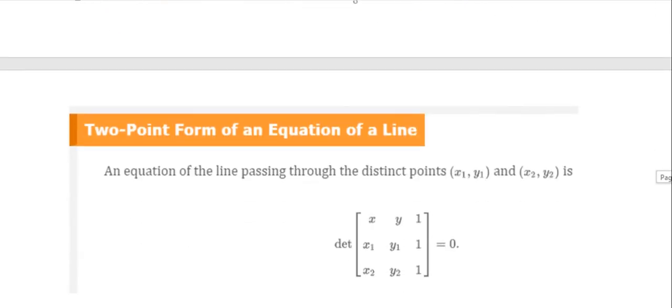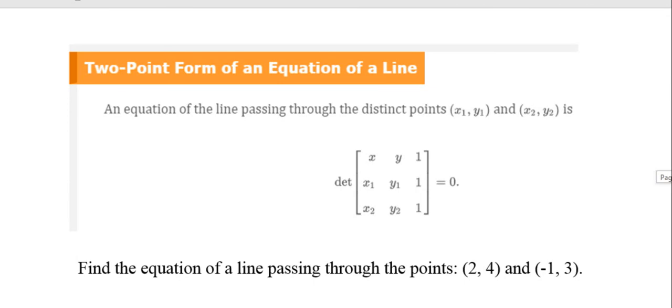Now, the last thing here for this concept for R2 is to be able to determine the equation of a line by using the determinant. So notice it's a very similar setup, but here instead of having x sub 1 and y sub 1 start off, we just have x and y.